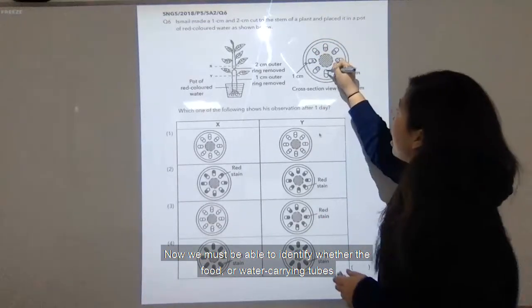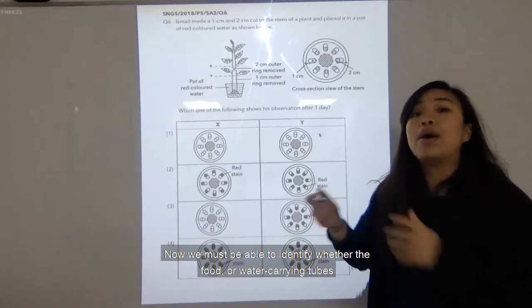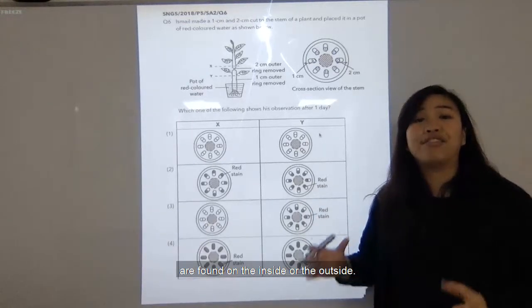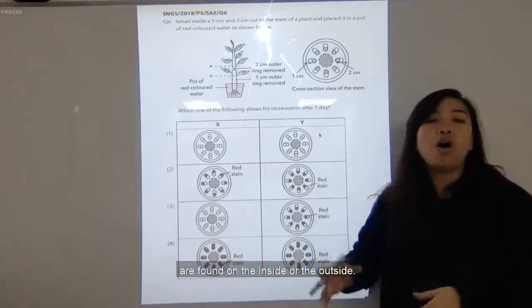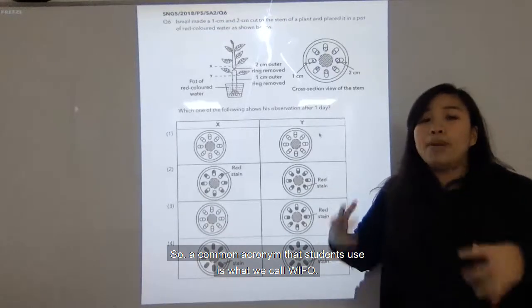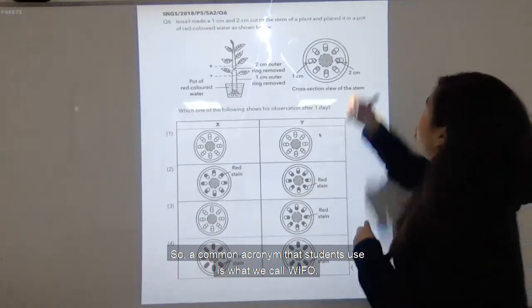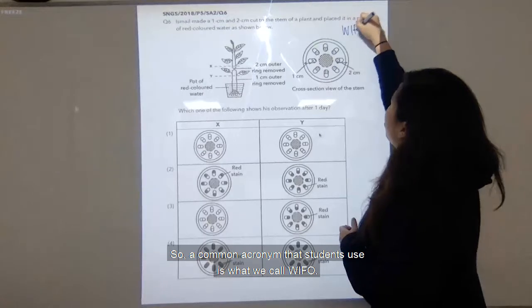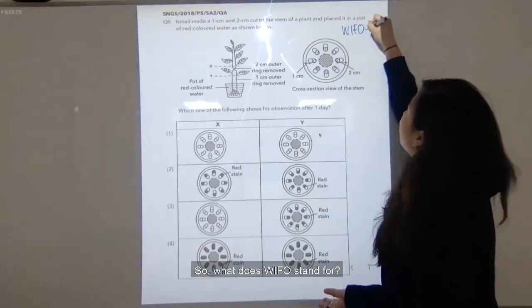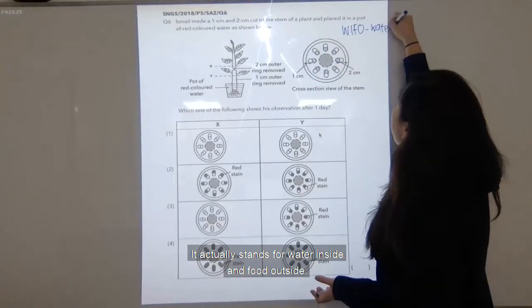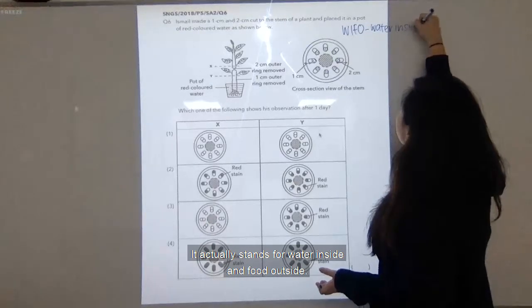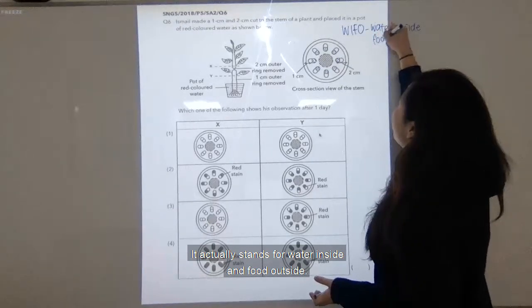Now, we must be able to identify whether the food or water carrying tubes are found on the inside or the outside. So a common acronym that students use is what we call WIFO. So what does WIFO stand for? It actually stands for water inside and food outside.